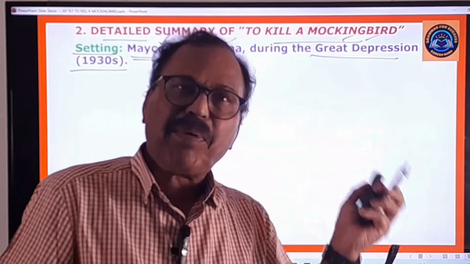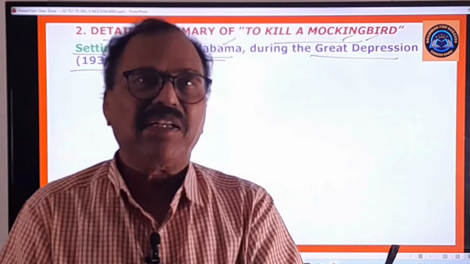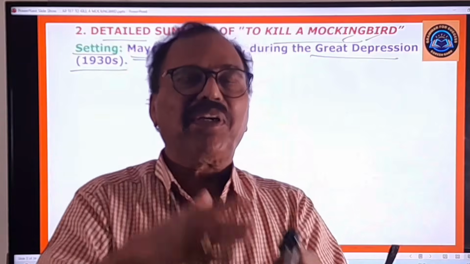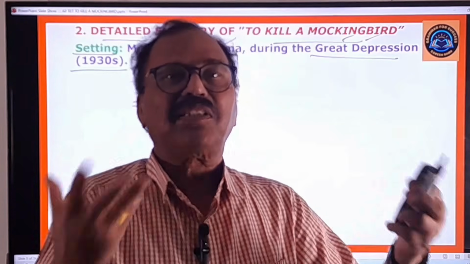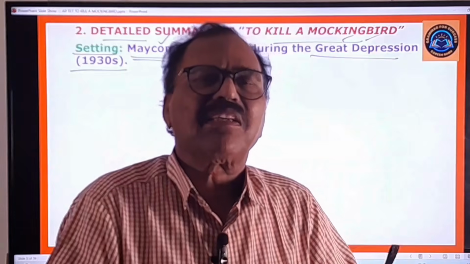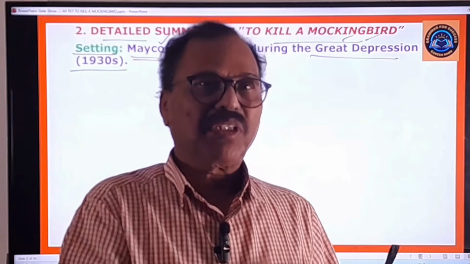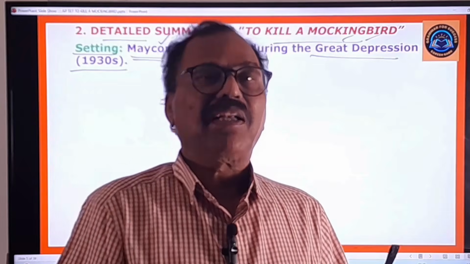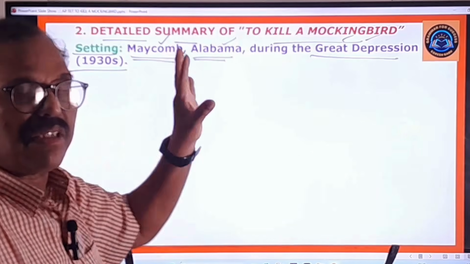During this depression, industrial production collapsed, banks failed, international trade sharply declined, millions lost their jobs, businesses shut down, and millions of families struggled to survive. That happened during this Great Depression, and during that time, in the 1930s, this novel was set.